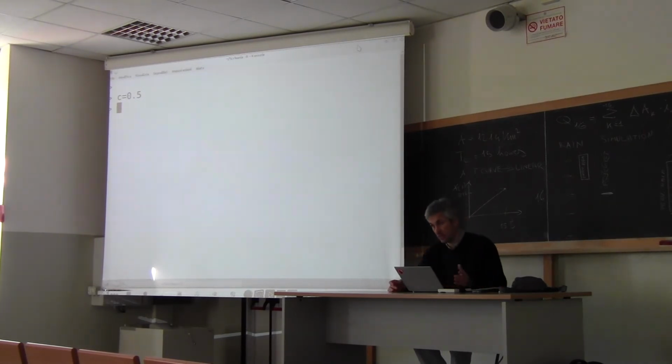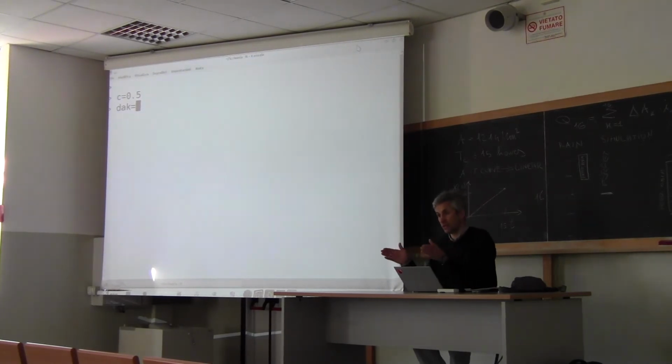And it's very easy. And let me call it delta AK. Okay. And I use this function to define this vector. It's a vector with 15 elements. They are all identical.